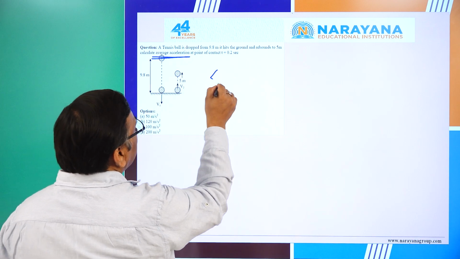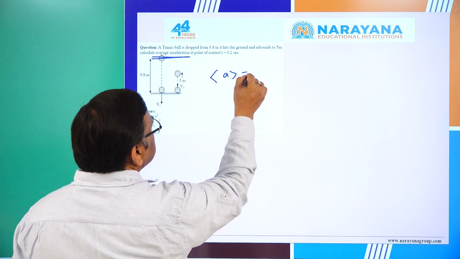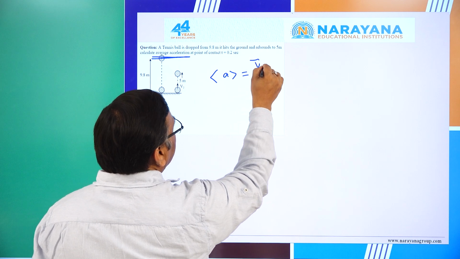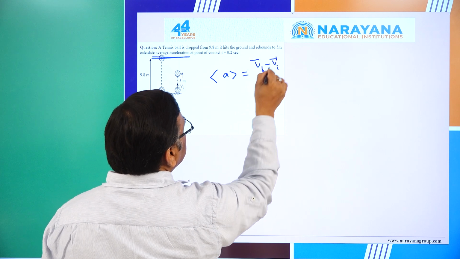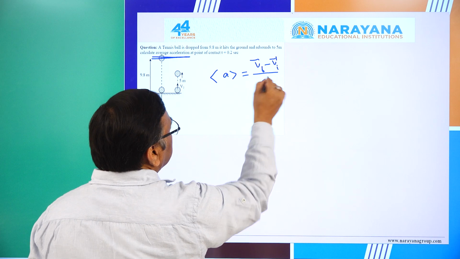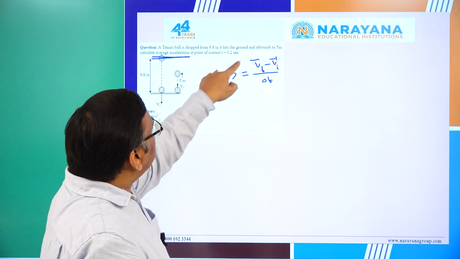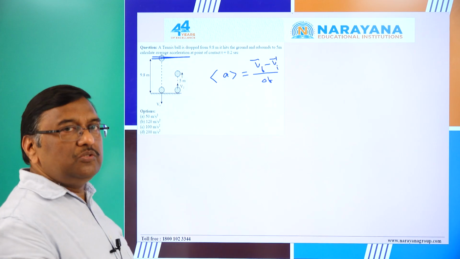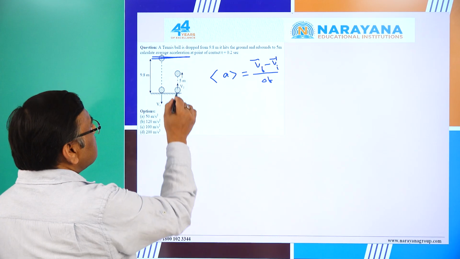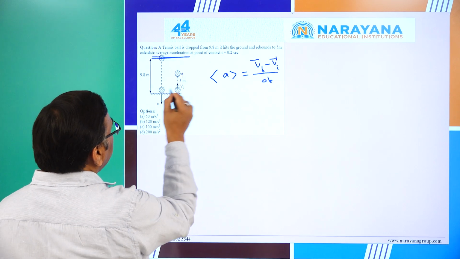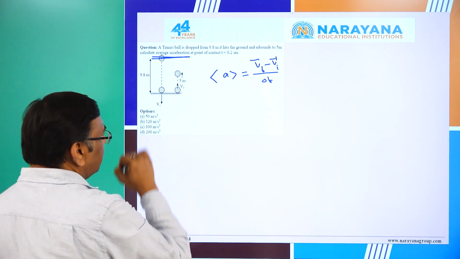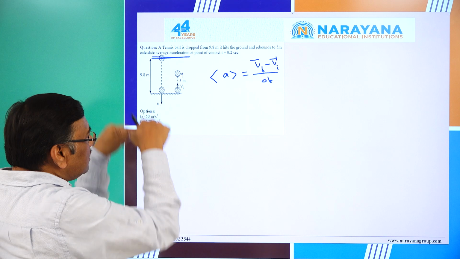If I know the time of contact, he is asking for average acceleration. You know my average acceleration is nothing but my final velocity minus initial velocity upon the time interval, that is the time of contact. This time of contact should definitely be 0.2 second. V final is the velocity indicated as V2 in this diagram. Let us say the body is coming and striking the surface with V1 in the downward sense.